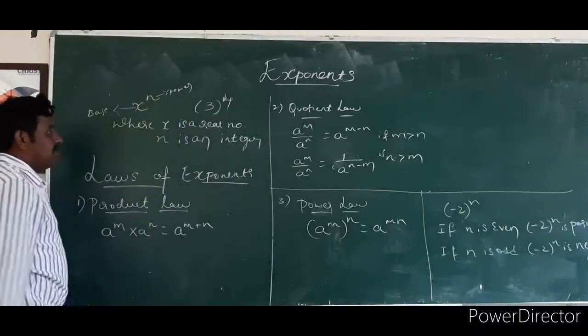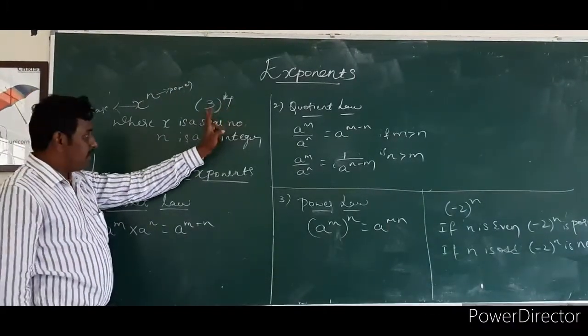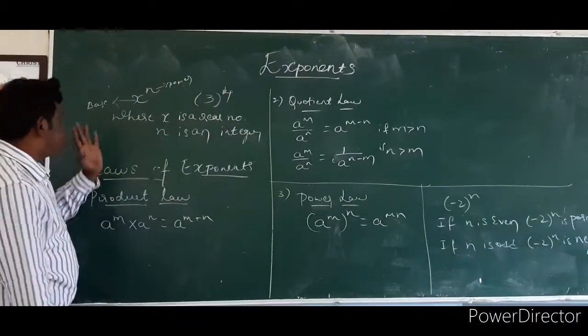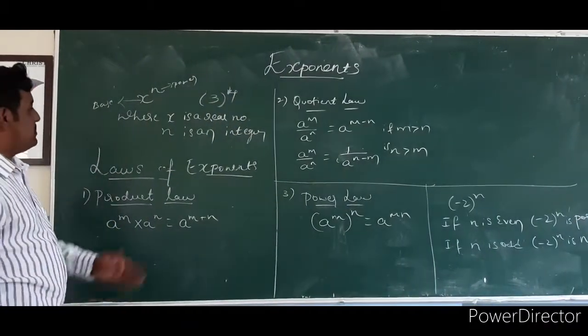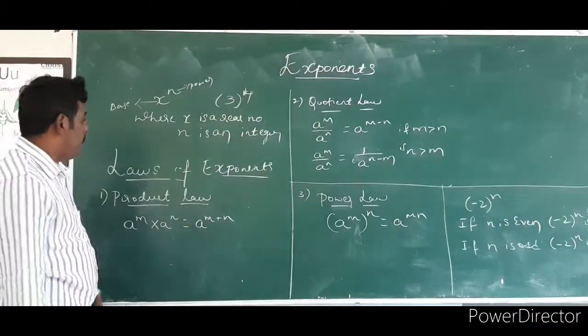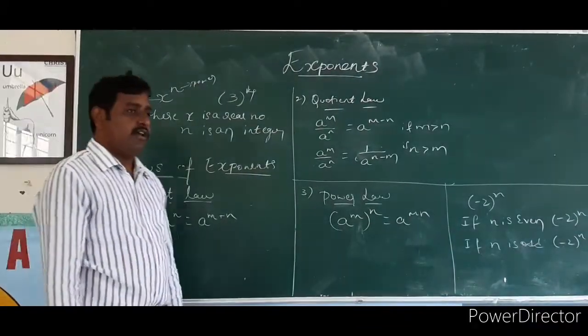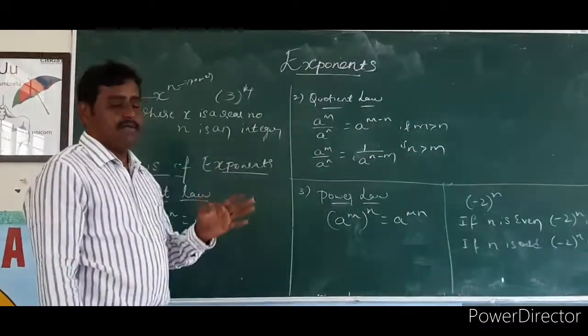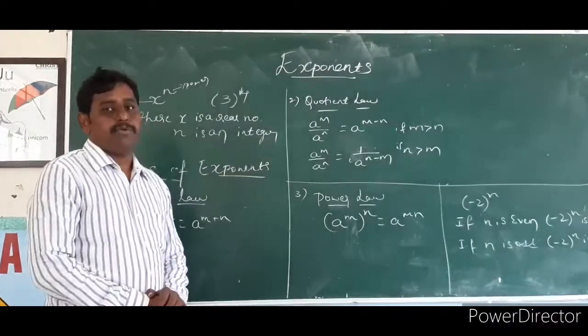In this 3 to the power of 4, 3 is base, 4 is power. So this is the meaning of exponents. This is called exponential form. After learning the meaning of exponents, we are going to learn the laws of exponents.